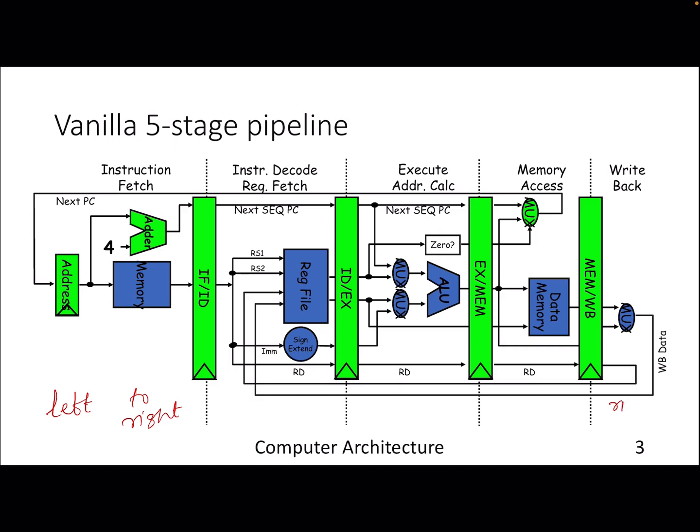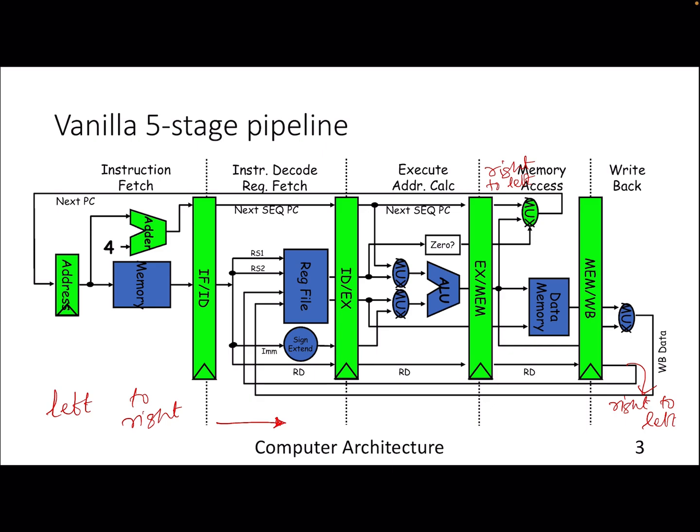For example, this one and this one also. You may find some more, but mostly the temporal order is left to right. The instructions are moving from left to right, so you can visualize the data path as data flow going from left to right in the pipeline.